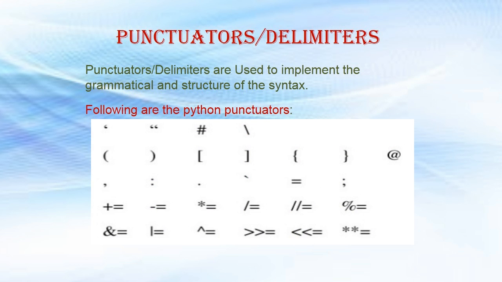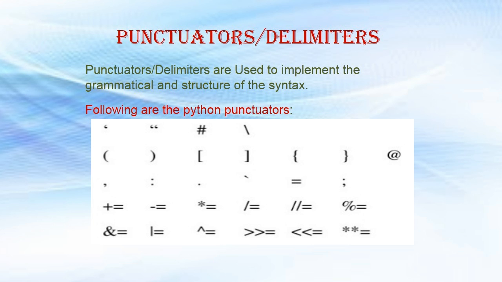So this is punctuators and delimiters. Punctuators and delimiters are used to implement the grammatical structure of the syntax. Following are the Python punctuators. Punctuators means whenever we write any English statement, we punctuate it, like with a comma. A comma is a halt, then a full stop means the statement ends there.